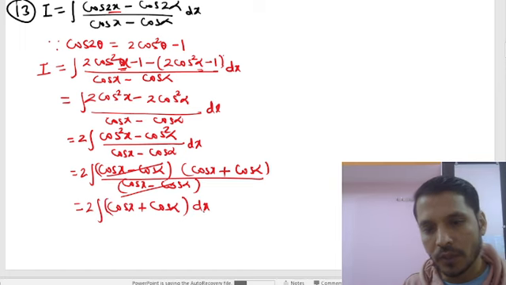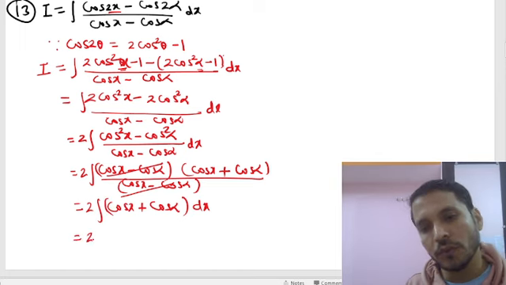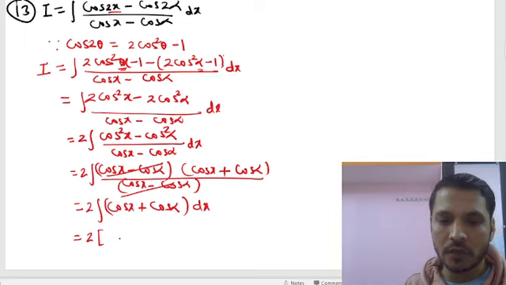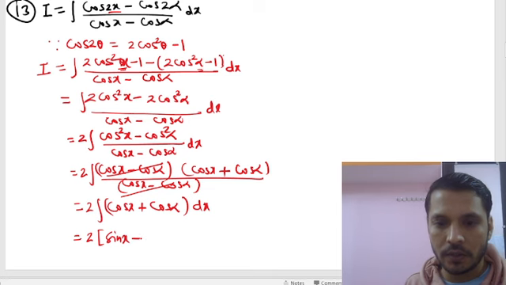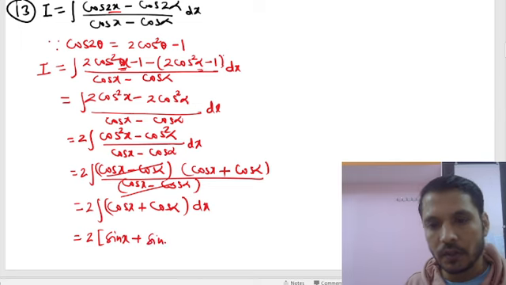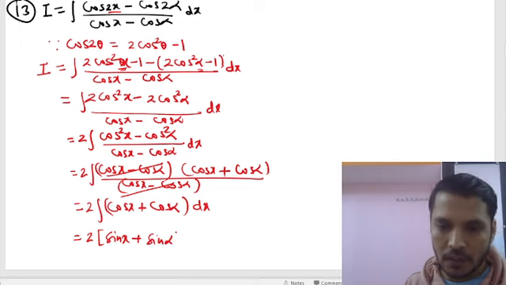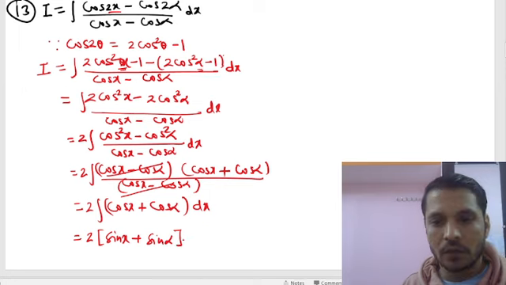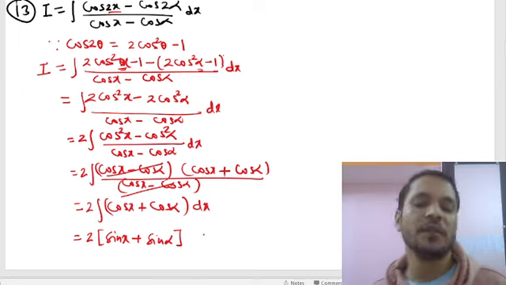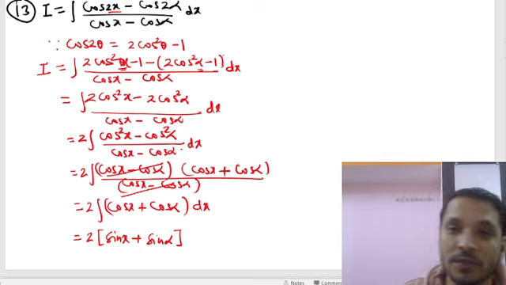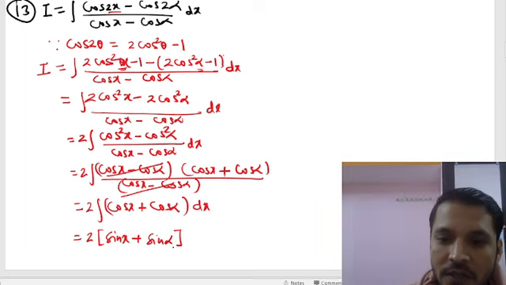Now we have to integrate both the terms, so 2 will be common, and the integration of cos x is sin x, and the integration of cos alpha is sin alpha, right? Sorry, we have made a mistake here. It is not sin alpha, because cos alpha is a constant.